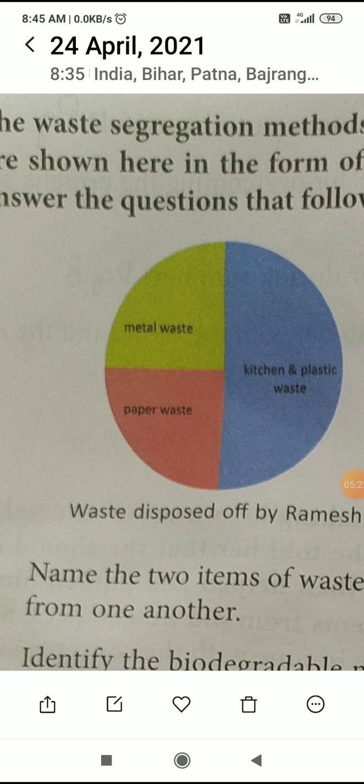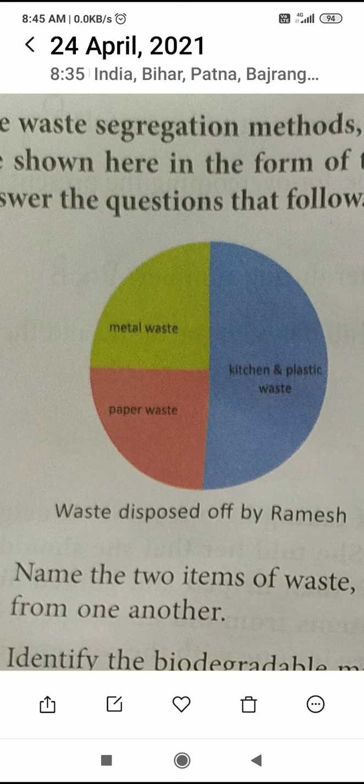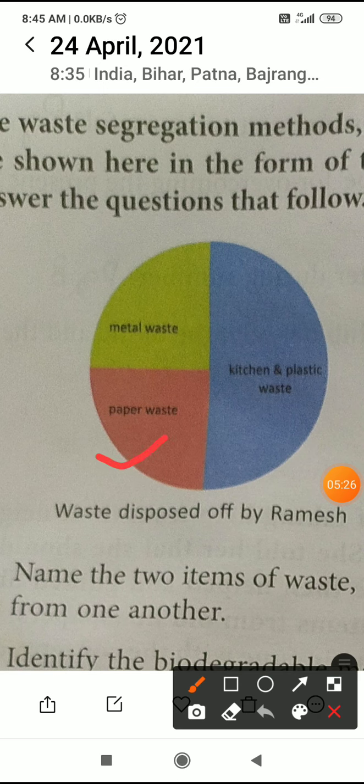It means the paper waste is also used for various purposes, not only for making paper bags, but various toys formed from waste paper, and that is known as clay modeling. You have done it in a co-curricular activity, that is clay modeling. Okay.